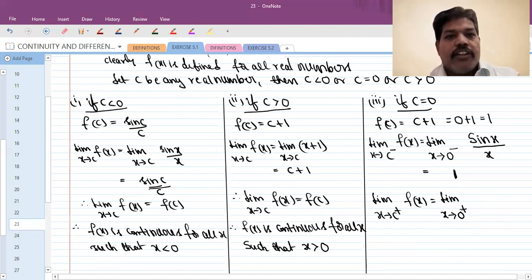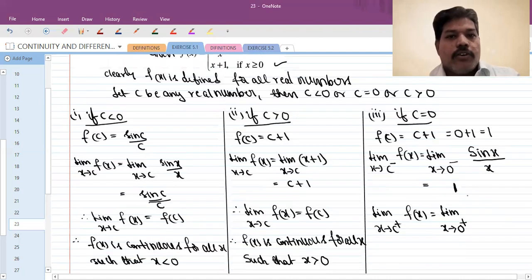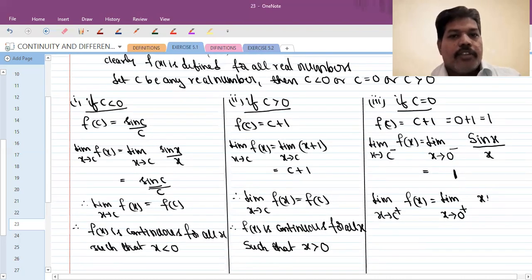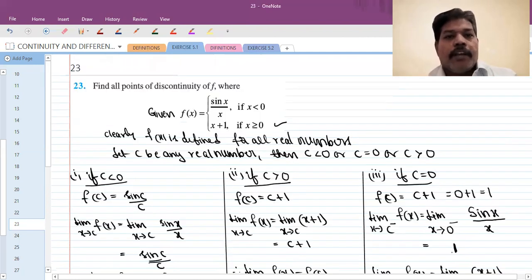If x value is greater than 0, then f of x becomes x plus 1. Then applying the limit, it becomes 0 plus 1, so it becomes 1 only. So f of c value is 1, the left hand limit is 1 and the right hand limit is 1. Therefore, what can we conclude?